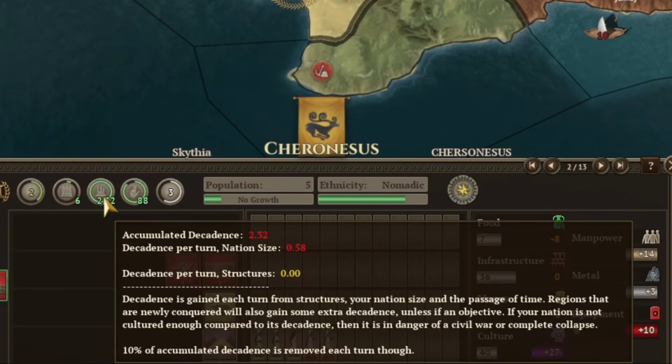There can be different sources of decadence increase, like some buildings, but early game mainly nation size determines your decadence growth. And where does this 0.58 come from? Because this is a very important number. This number reflects how big your nation is, so how many regions you have. And then there is some formula that converts it to the decadence per turn from nation size.